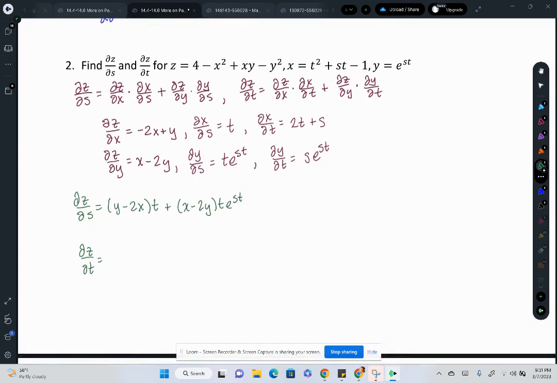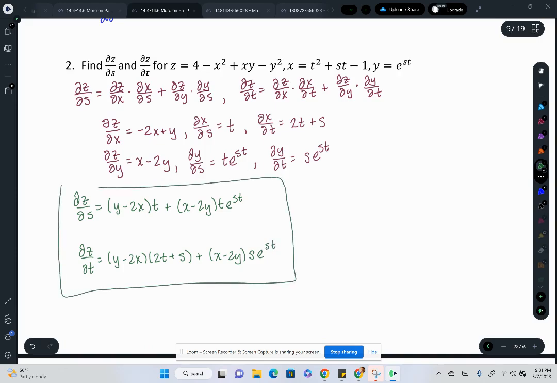I've got del z/del x, which is y minus 2x, times del x/del t, which is 2t plus s, plus del z/del y, which is x minus 2y, times del y/del t, which is s e to the st.